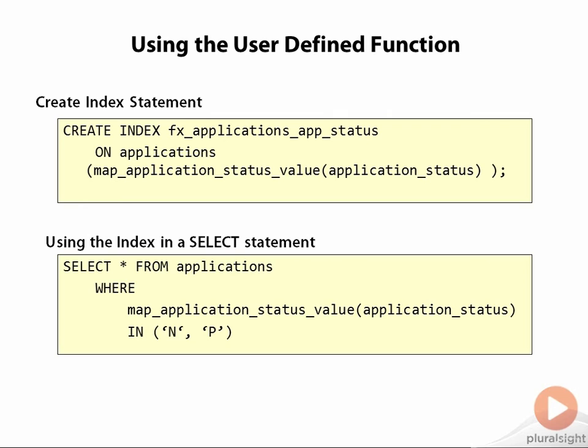This also shows us that if we had some more complex logic, say for example the subset of rows we wanted to index was based on the values of two different columns, it's probably a good idea to encapsulate that logic into a user-defined function rather than coming up with some excessively complex SQL. And again, another benefit of this is that we'll have a much cleaner looking SQL statement that we can use in our application. Let's move into a demonstration of an index that indexes only a subset of rows so we can see this in action.